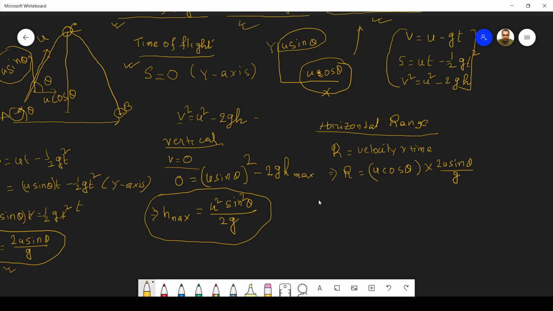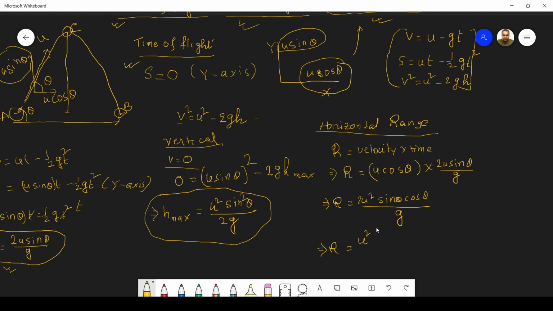So let me just calculate and rearrange. What we get is twice u square sine theta cos theta over g. So the horizontal range is twice u square sine theta cos theta by g.